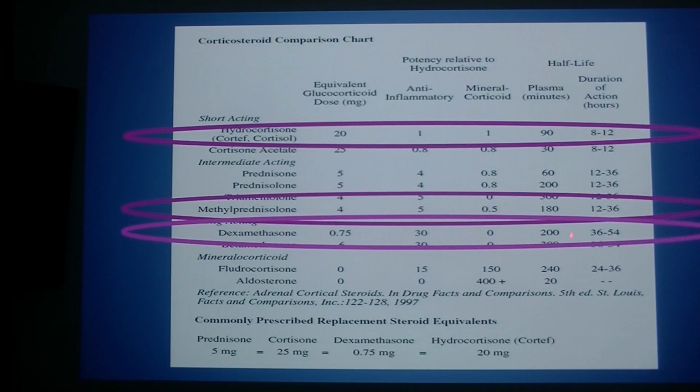So we see how long it takes to reach plasma concentration, and then how long it acts. So dexamethasone lasts substantially longer than either of the other two. It reaches plasma concentration in about the same amount of time as Solu-Medrol, and then we see the equivalent glucocorticoid dose.